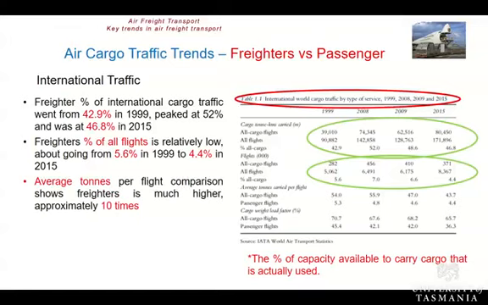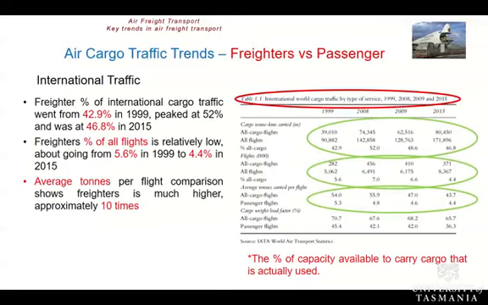And this is also reflected in the average tonnes per flight. So what we can see here is that currently sitting at 2015, all cargo flights accounted for around about, on average, 44 tonnes of cargo versus passenger flights, which were carrying, on average, around about 4 tonnes.